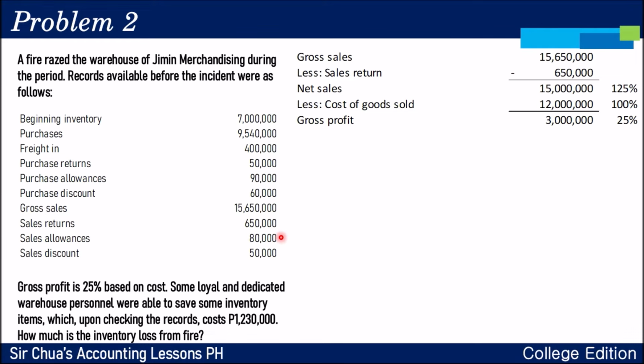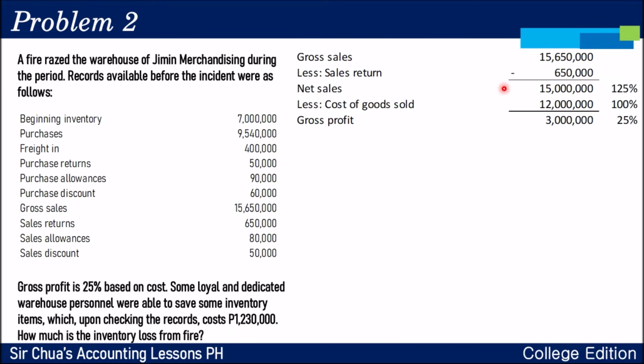So, yung sales natin, pabawas na lang na effect yun kasi nagbigay na lang tayo ng allowance. Okay? Pag sales discount naman, ano nga po yung sales discount? Deduction lang yan sa price na marireceive nating cash. Pero there is really no physical flow of inventory there. So, ang i-consider lang po natin yung sales return. Kasi dyan po tayo may physical flow of inventory. So, ang i-consider po natin sa analysis is just your net sales of 15 million. Again, hindi po kasama si sales allowances and sales discount.